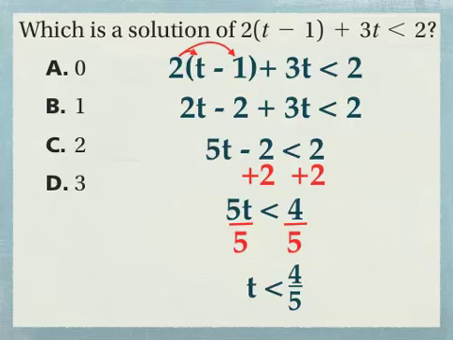A is 0, B is 1, C is 2, and D is 3. When we solved for t, we found that t is less than 4/5. 4/5 is not quite 1, so t has to be less than 4/5. The only number up there that is smaller than 4/5 is 0. So 0 is a solution of the inequality.